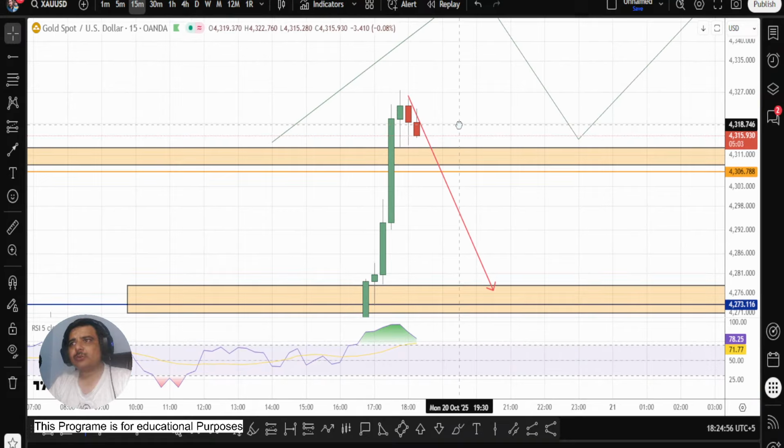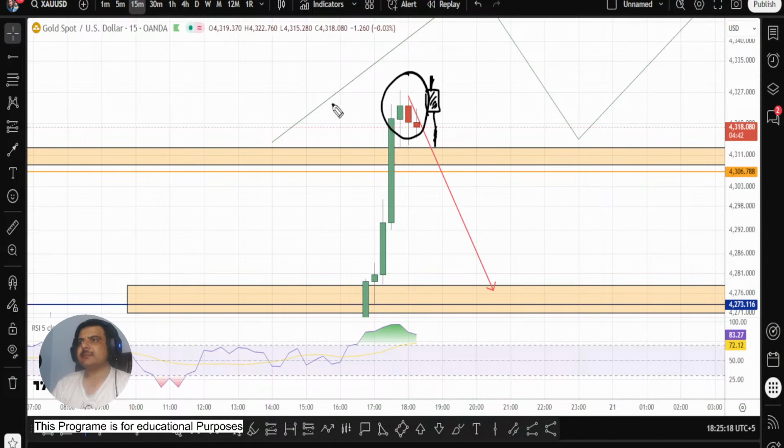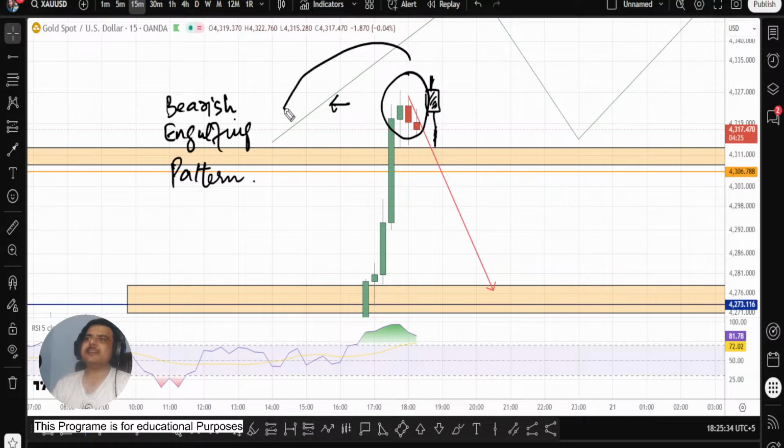Now how do we know? Obviously we will know if another candle opens like this, a bigger one perhaps, then we will say this bearish engulfing pattern is violated.